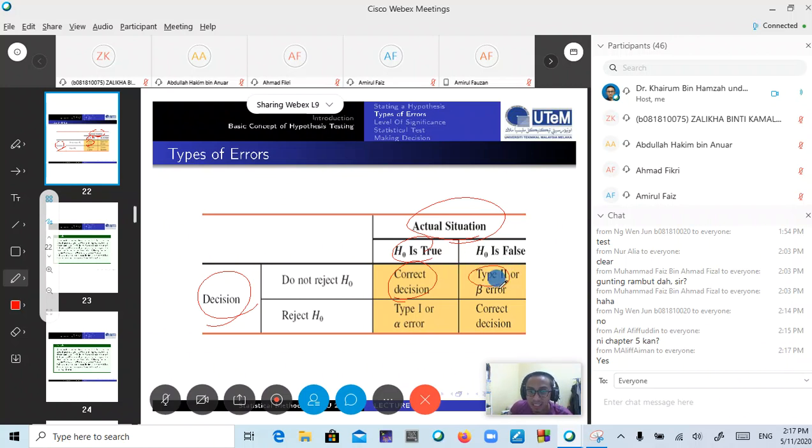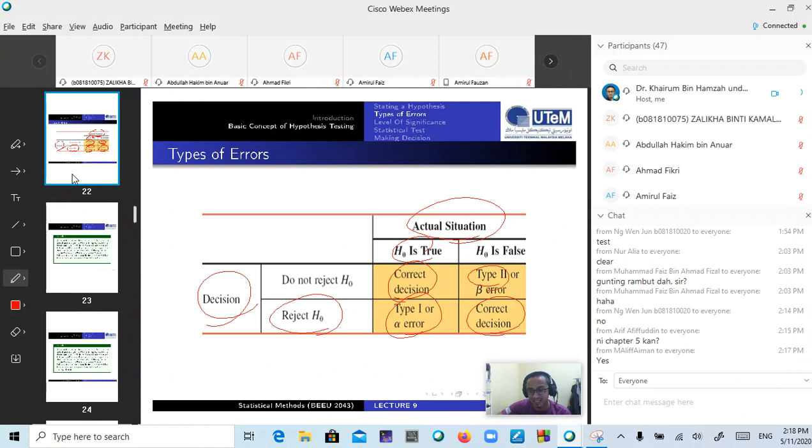So we call it type 2 error here. And then reject H0, but H0 is false, this one correct decision. Reject H0, but H0 is true, fail to reject, is type 1 error. Okay. So this one is the types of error. Types of error awak kena tengok fully sikit.